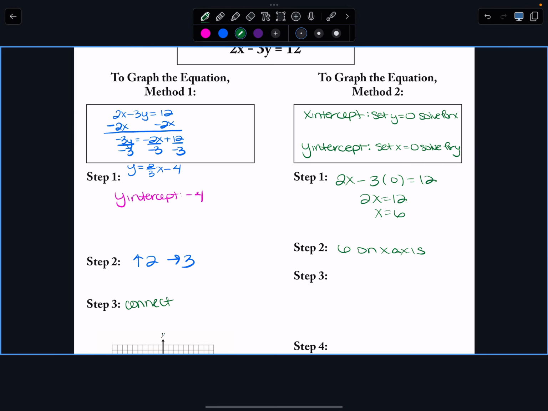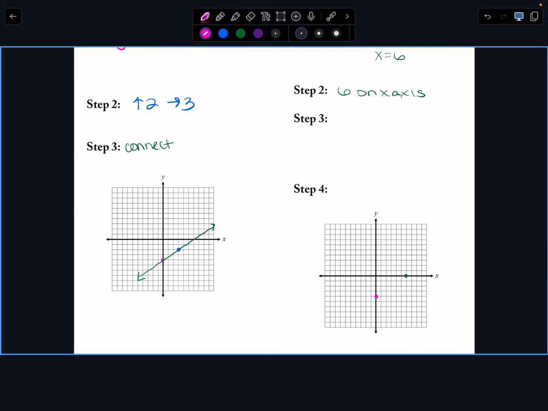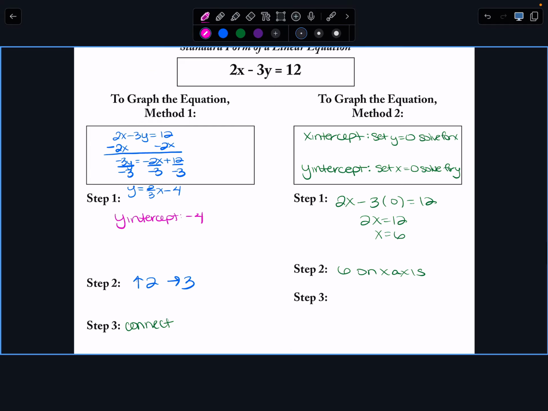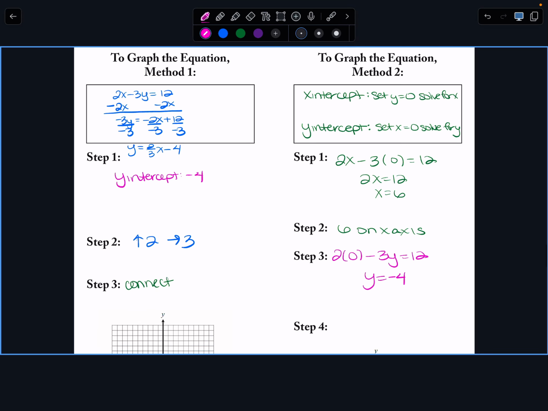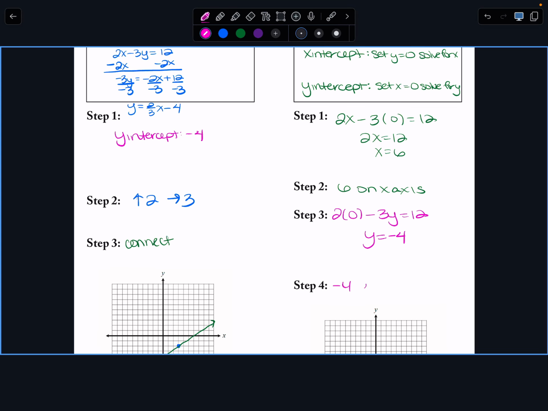So you solve for x in step 1. Step 2 is you graph 6 on the x-axis. What color did I choose? I chose pink. So then step 3 is solving for y. So 2 times 0 minus 3y is equal to 12. So y is negative 4. So then negative 4 on the y-axis.